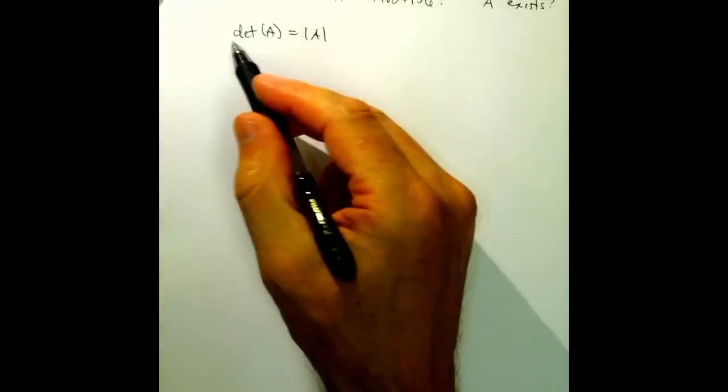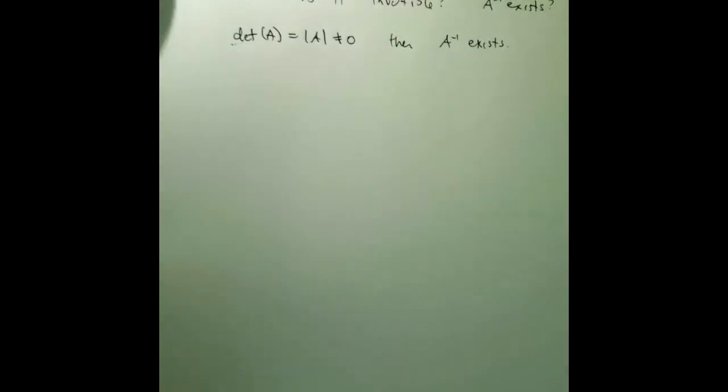One way is we just try to find the inverse and then see if things break down in the calculations. The other thing is we have this thing called the determinant. And there are different notations. One notation is that. The other notation is these straight bars. But the idea is, if the determinant is not 0, then the inverse exists.